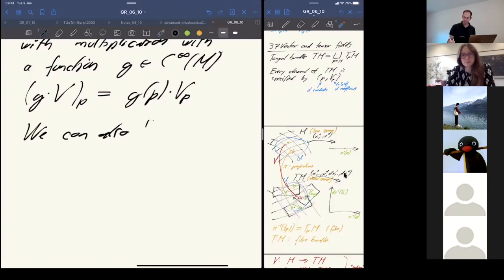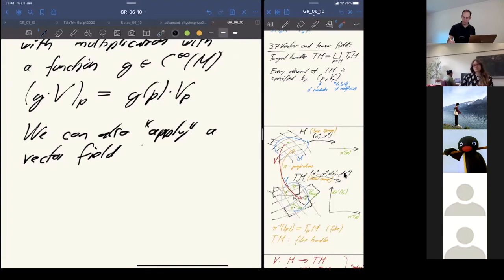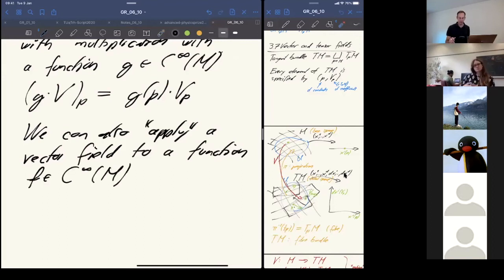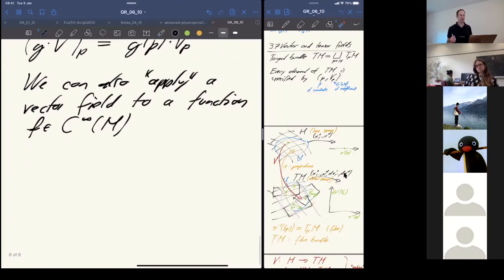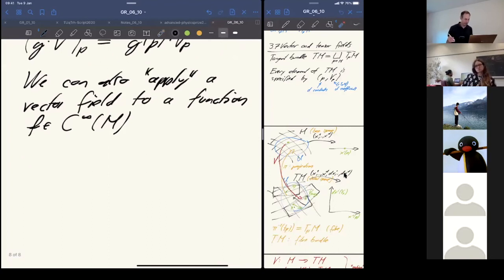We can also apply a vector field to a function f, an element of C infinity of M. C infinity of M is just the functions on the manifold. What do I mean by that? This is not the multiplication, but it will be written almost in the same way. Just to be attentive, we will write stuff like V f.